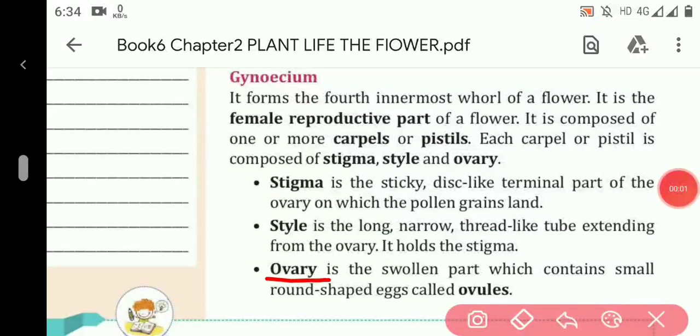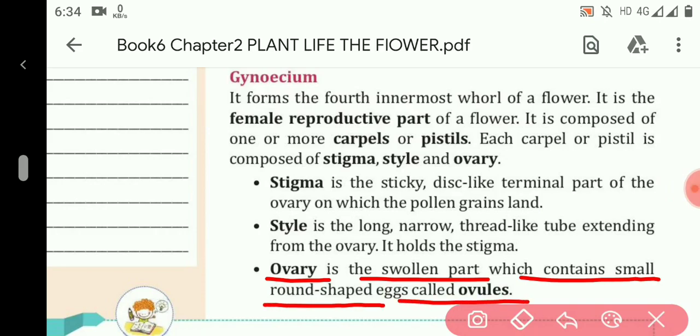Ovary is the swollen part which contains small round-shaped eggs called ovules. So ovary is the swollen part of the style which consists of small, round-shaped eggs which are known as ovules. So the long part is known as style and the disc-like structure which is sticky is known as stigma.